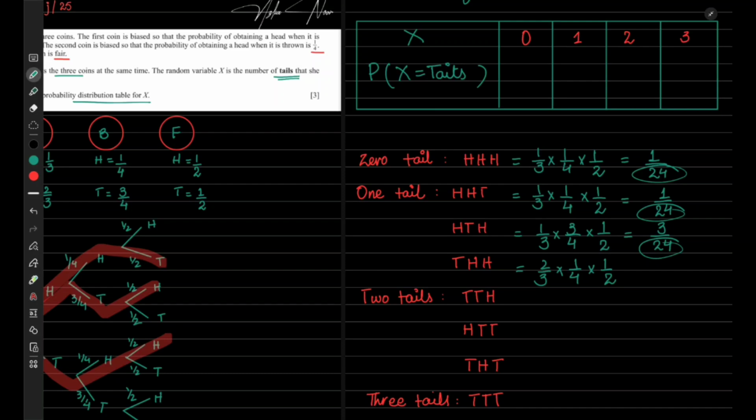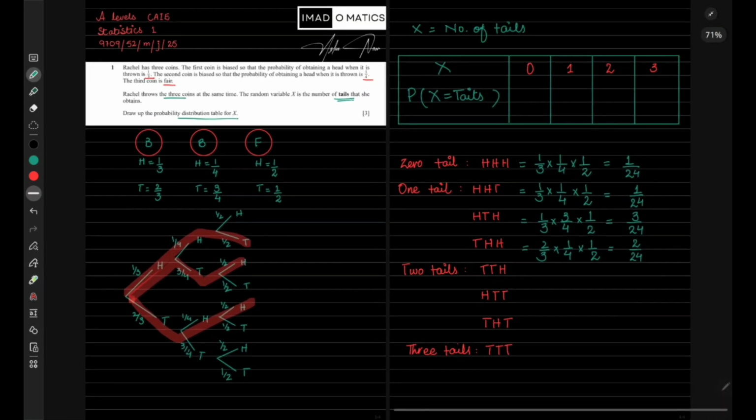So it is better to keep it the same way, so that you can just add them easily. So 2 over 24. Now write down the probabilities of the next 3 possibilities.